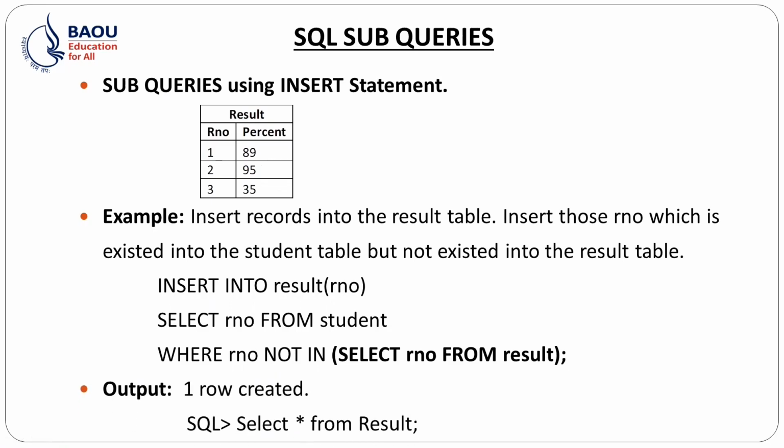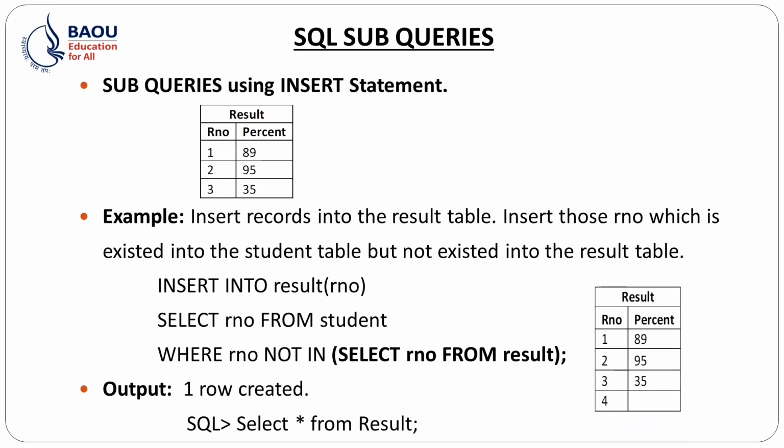The output will display roll number 4, which is inserted into the result table from the student table. The result table did not have roll number 4. That's why it is inserted from the student table.